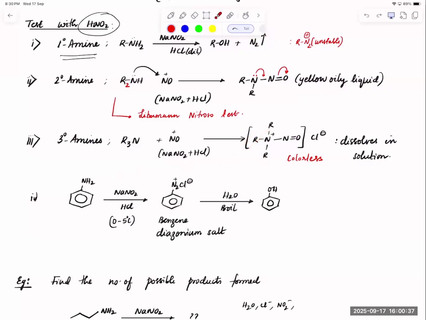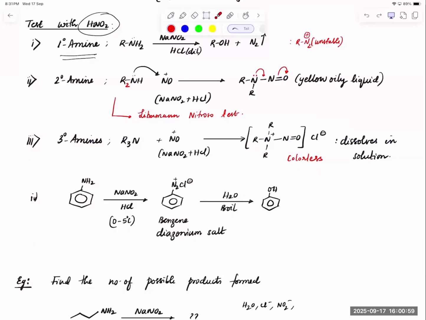But see, listen, release of a colorless gas or a colorless liquid present, these are not very good confirmations for a particular reaction. Understood? These are not great confirmation forms for a reaction. That's why nitrous acid typically is used for 2 degree amines only.